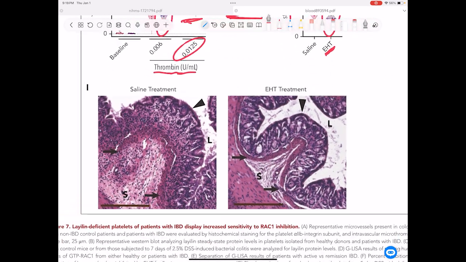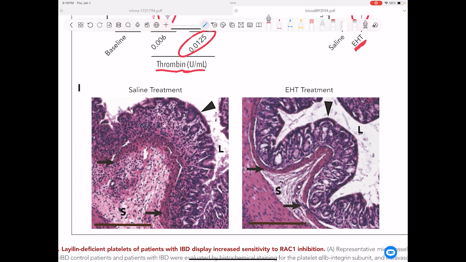Let me just quickly readjust. So this is what we were measuring. This is saline treatment and this is EHT treatment of, again, those same mice from up above. There's a couple of things that you're looking at when you're doing this scoring. First off, you are looking at how well this gut stays together.